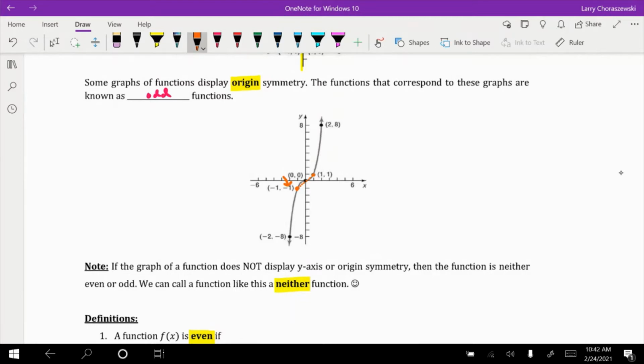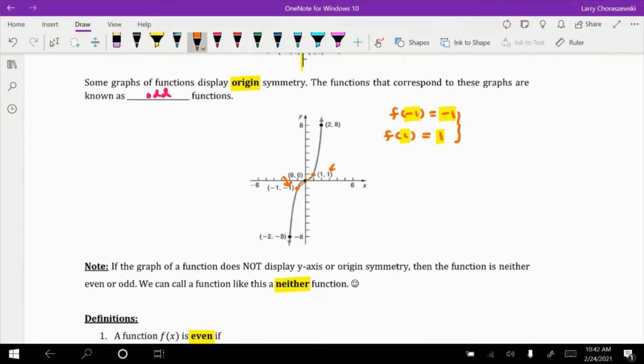That y value at negative 1 is what f of negative 1 is equal to, and this y value at positive 1 is what f of 1 is equal to. Notice how these y-coordinates are opposites of each other, and so are the x-coordinates.